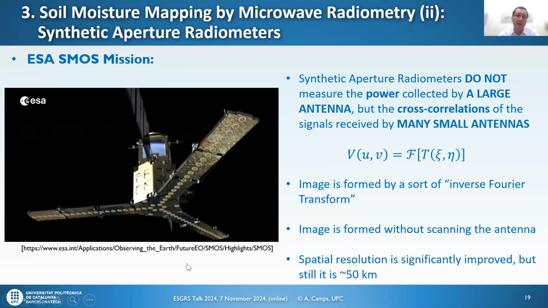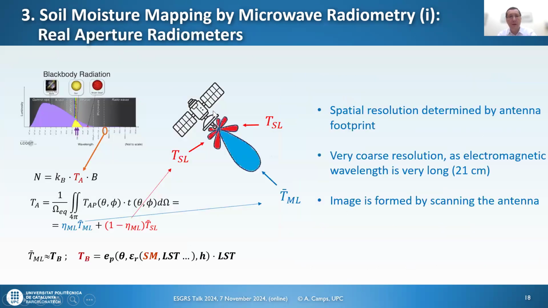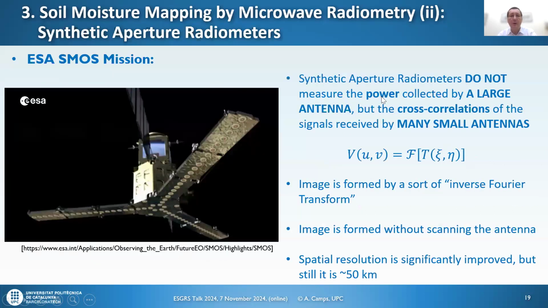Here, it is a patch antenna. As you can see, there are 69 of these antenna elements. And a synthetic aperture radiometer, as opposed to a real aperture radiometer like this, is not measuring the power collected by the antenna. What it does is measure all the cross correlations between the different signals.